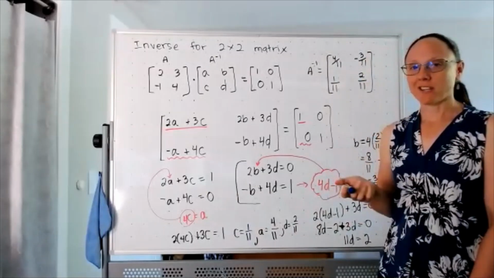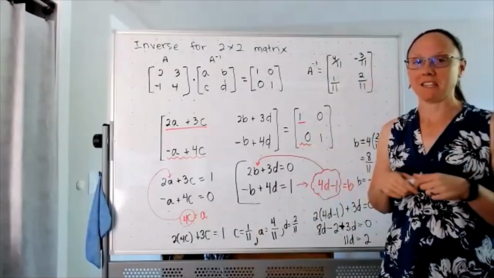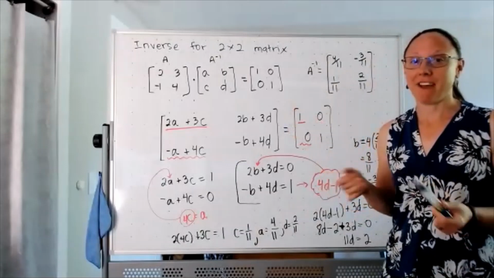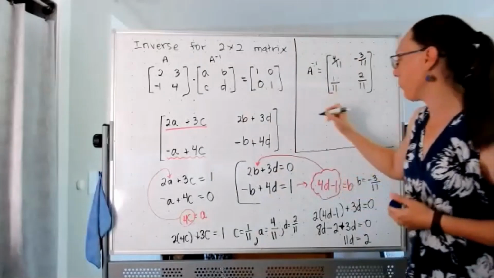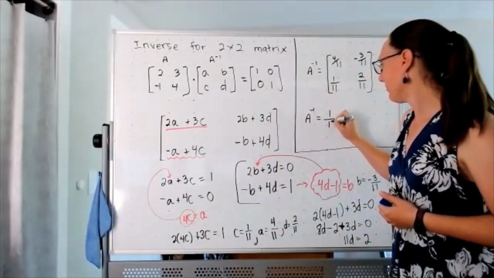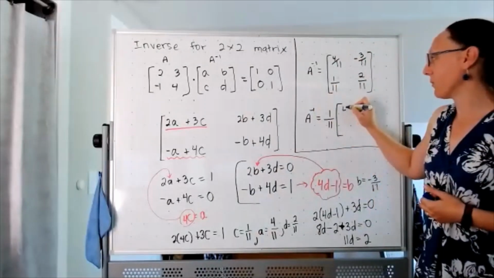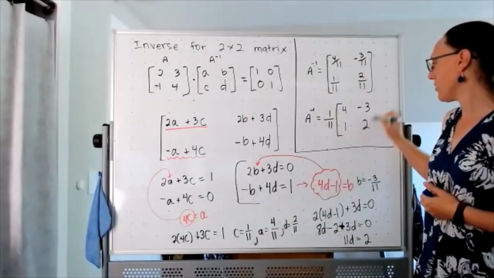Now you might notice that all of the numbers we came up with are something divided by 11. Just for fun, let's factor it out. So if I were to pull out that 1 over 11, then what I would be left with in here would say 4, negative 3, 1, 2.